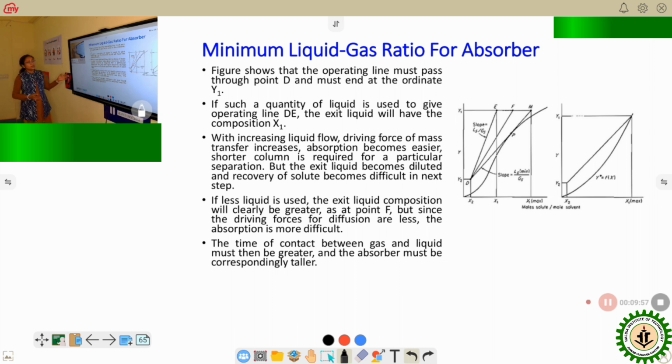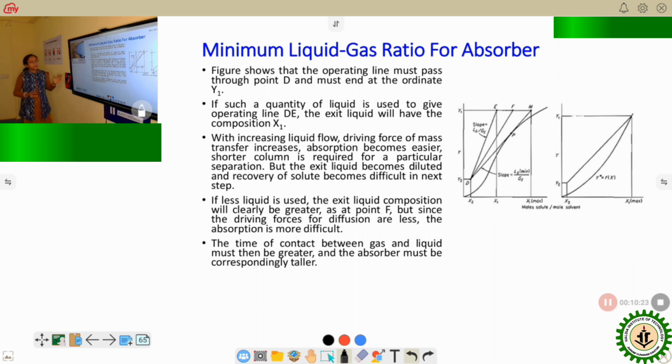So it becomes divergent with respect to the equilibrium line, and at the same time the driving force for mass transfer increases, which is beneficial for the tower. So the height of the column will decrease, but at the same time, with increasing liquid flow rate, the outlet concentration of the solute also decreases, which becomes very difficult to recover in the next step.